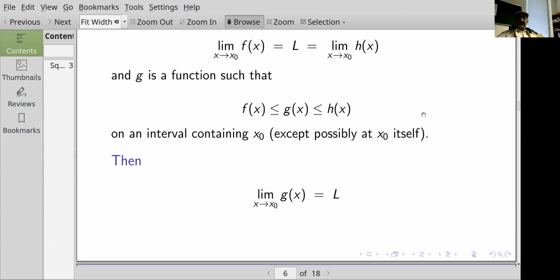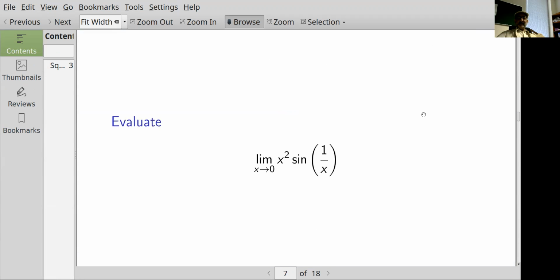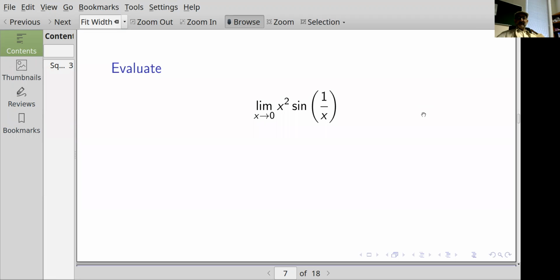So we give a few examples of its use. Supposing we want to evaluate the limit as x goes to 0 of x squared sine of 1 over x. Now sine of 1 over x as x goes to 0 oscillates wildly between -1 and +1, and it's undefined at 0.